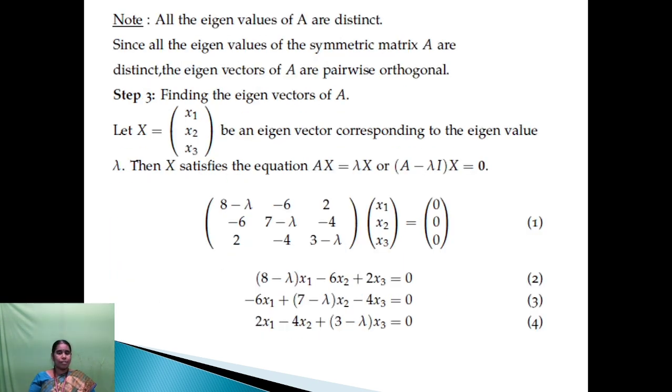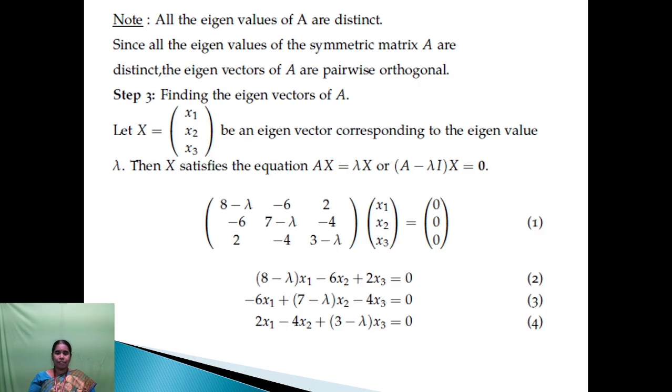Since all the eigenvalues are distinct, the eigenvectors are pairwise orthogonal. It is very much clear. So, having found the eigenvalues, for each eigenvalue we are going to find the eigenvectors of A. Let capital X equal to x1, x2, x3 be an eigenvector corresponding to the eigenvalue lambda.